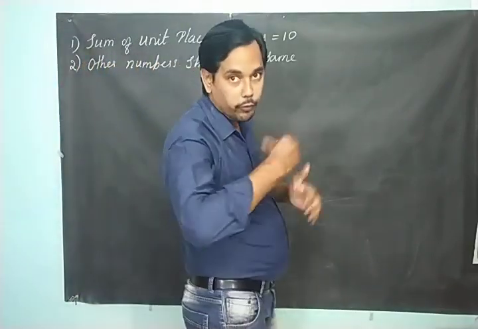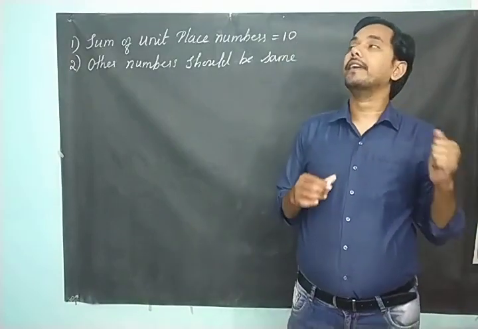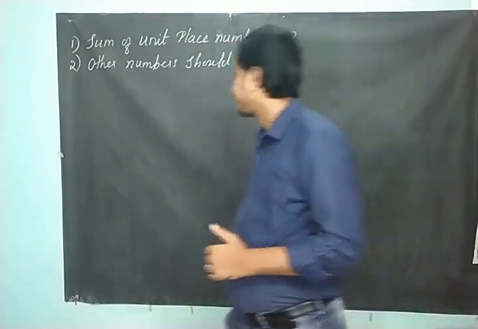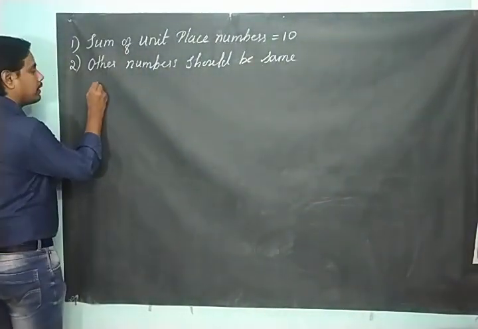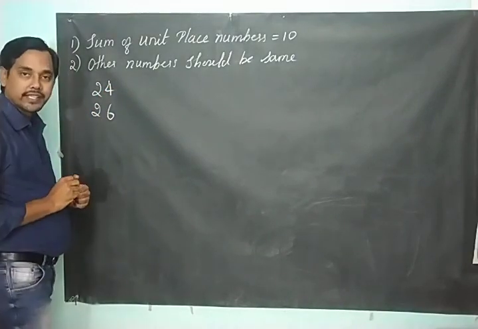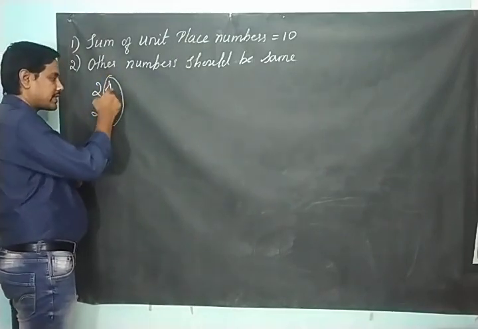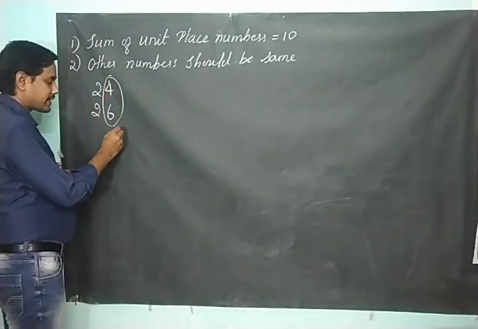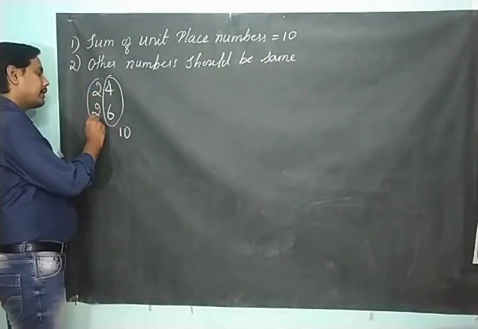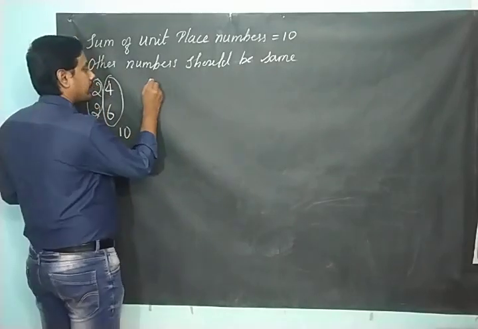If you take the sum of the unit digits, it should give you the value of 10, and except the unit place number, the other number should be the same. For example, 24 and 26. What is the sum of the unit place digits? 4 plus 6 gives you 10. And here 2 and 2 are the same.